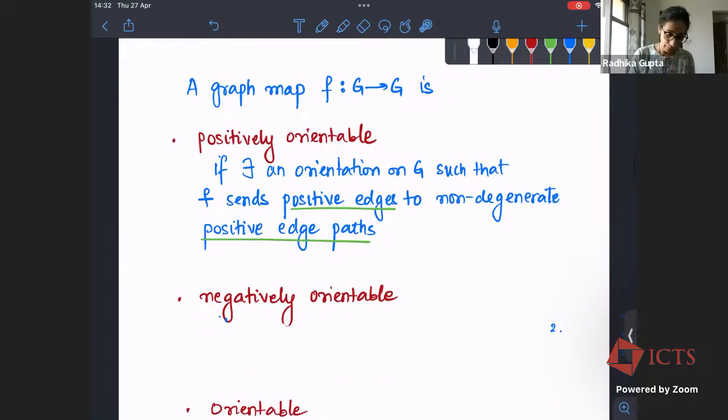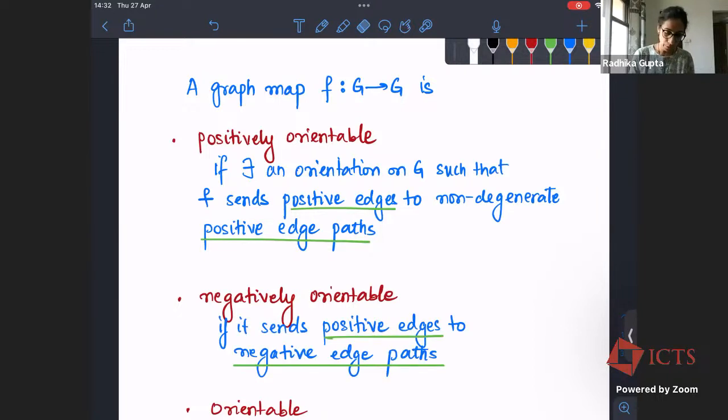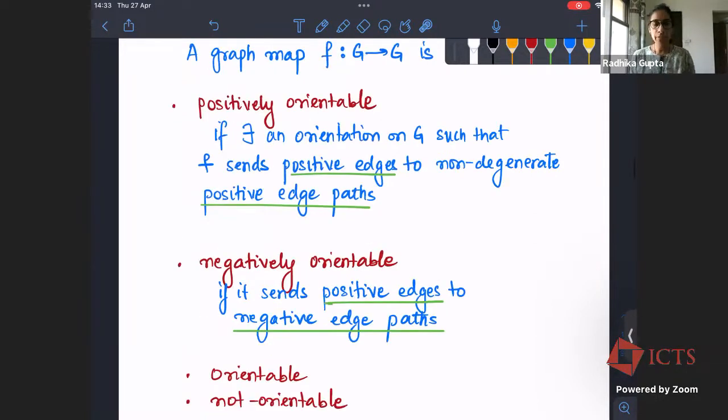And I say it's negatively orientable if I send positive edges to negative edge paths. I'll show you examples in a second. It's called orientable if it's either positively or negatively orientable, and it's called not orientable if it's neither.